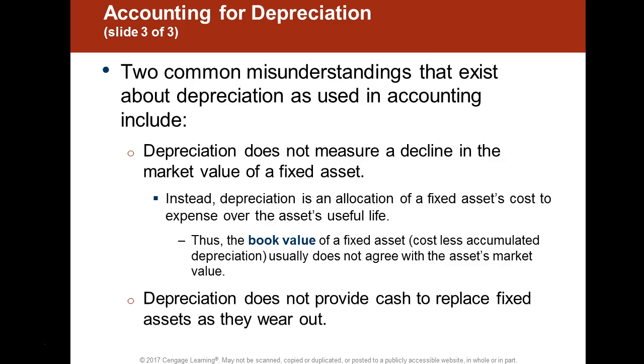If we're going to use that asset systematically over 5 years and we decide to spread it out evenly over the 5 years, more likely we're going to use a straight line method, but it does not in any way tell you how that asset is declining in market value. That's a wholly different answer, a different question. We're just using it based on how that asset is going to be useful to the organization.